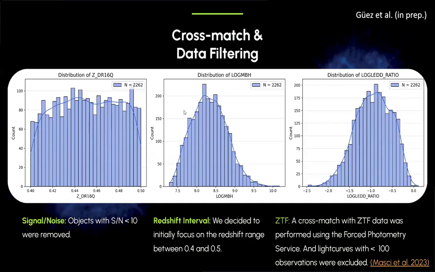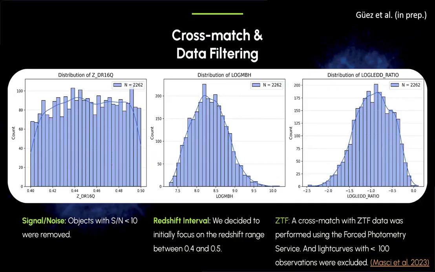Then let's talk about the cross-match and filtering we did. Objects with signal to noise less than 10 were removed, just to keep great signal, right? Having so many objects, why not? We decided to initially focus on the redshift range between 0.4 and 0.5. I'll talk about it real soon.